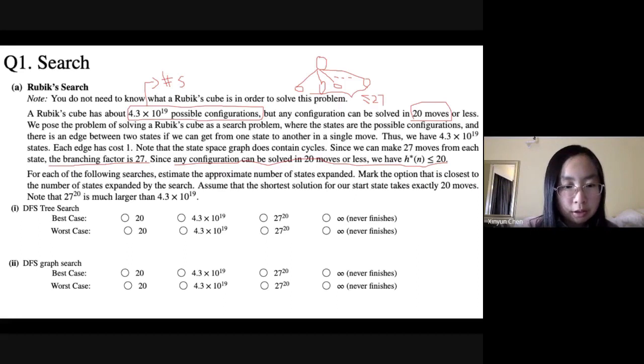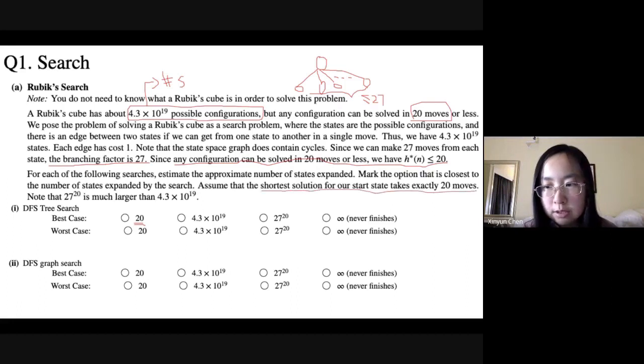Here, 20 just means the optimal move. For this specific question, we assume our best solution is exactly 20.